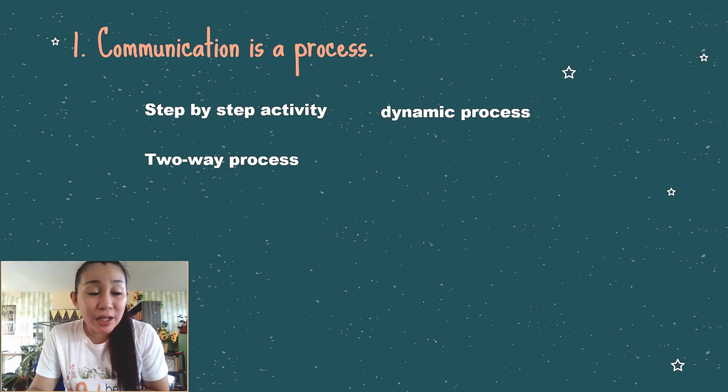Remember that when we say communication is a dynamic process, it is the communicator's mood and thinking. It is a complex process. It's not as simple as what I've stated a while ago. Why? Because one message may be interpreted in many ways by different people. Right? Sometimes when we say something, for us, that's okay. That's fine. That has no meaning. But for others, the way you roll your eyes, meaning to say they call you maarte, right?